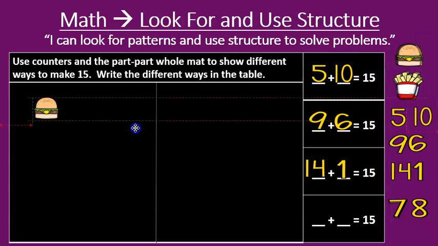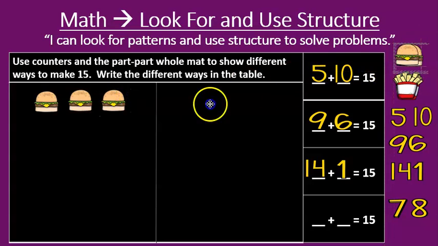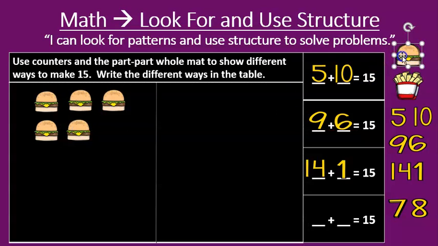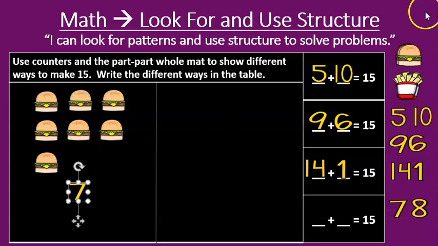Let's count together. 1, 2, 3, 4, 5, 6, 7. Okay, so we now have 7 hamburgers here. Now that we know we have 7 hamburgers here, I'm going to put number 7 underneath here, okay? Now look, we have a number here that we can insert, okay?